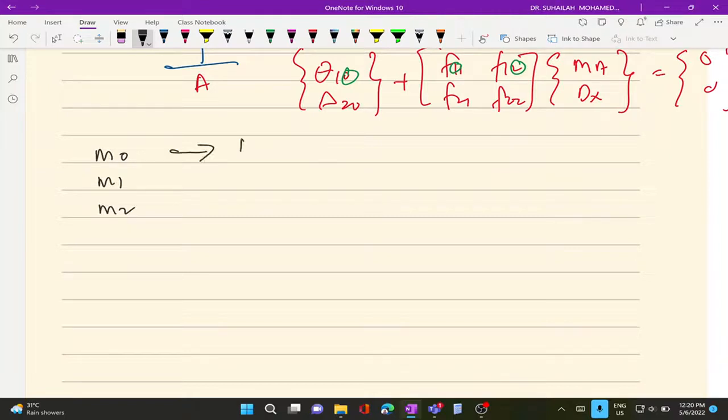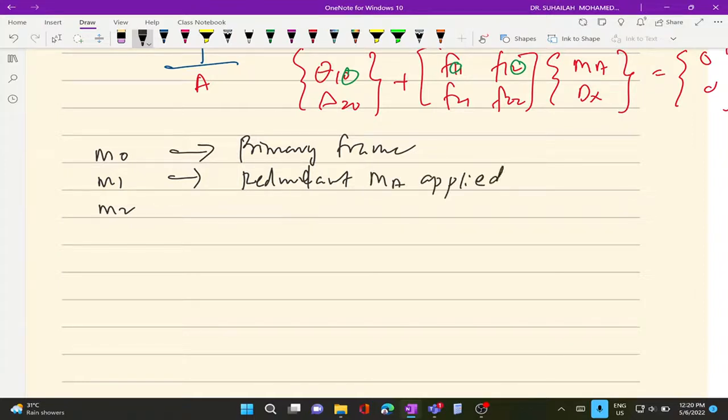M naught comes from the primary frame. M1 is for the redundant MA applied. And M2 is the redundant DX applied.